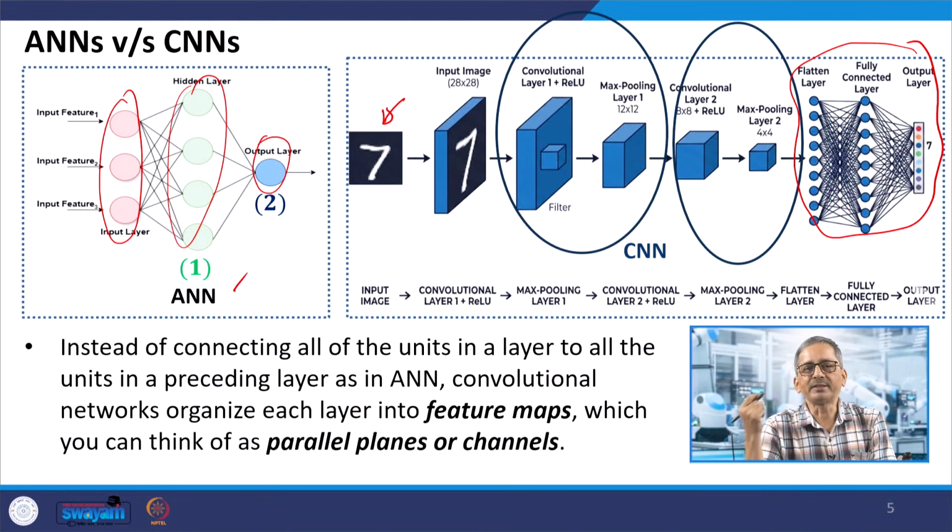Here, instead of connecting all of the units in a layer to all units in the preceding layer as we have been doing in case of ANN, the convolutional network organizes each layer into feature maps, which we can think of as parallel planes or channels.